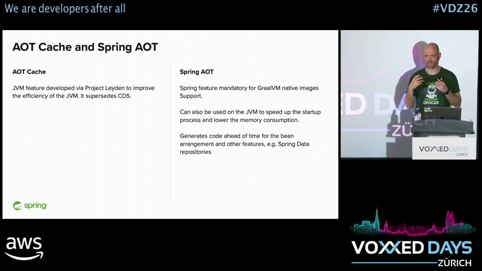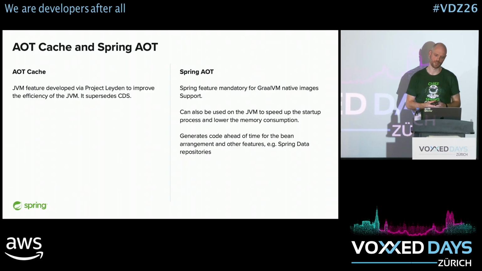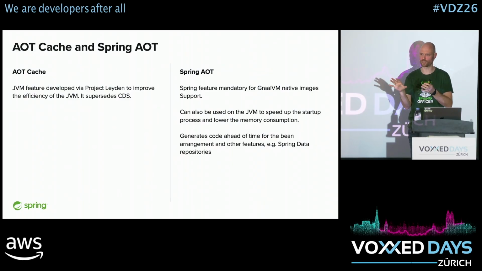And then there is Spring AOT. Spring AOT is something the Spring team built, and we originally built that for GraalVM native image support. But it turns out that you can also use it on the JVM to speed up the process. How this works is it generates code ahead of time. When you're building, it looks at the bean arrangement, what is inside your Spring application context.